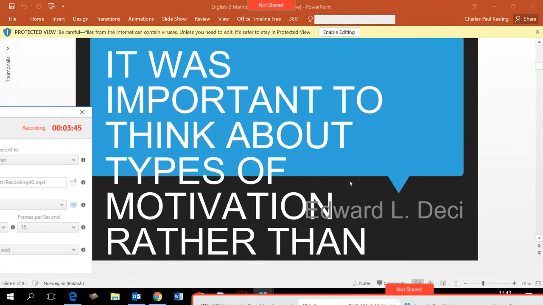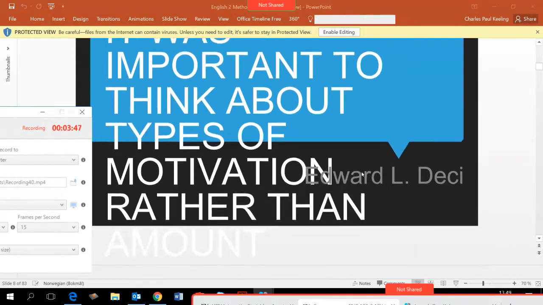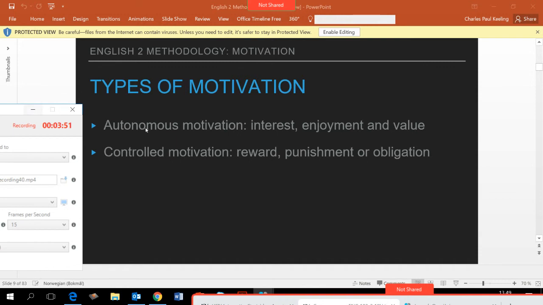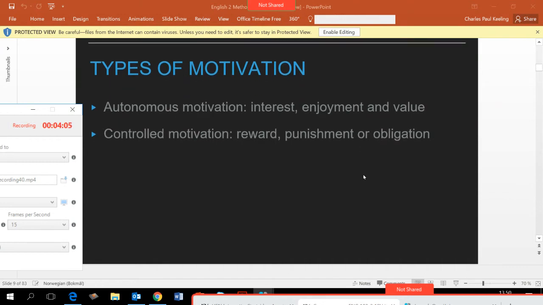He thought it was better, rather than quantifiably thinking about it, to think about different types of motivation. And they now call it autonomous motivation, where interest, enjoyment, and value are characterized by that, as opposed to controlled motivation, which is characterized by reward and punishment or obligation.